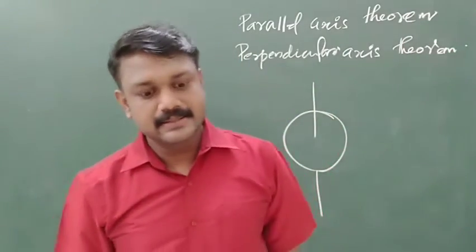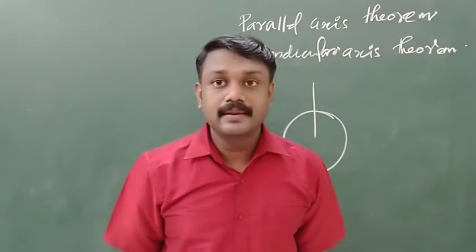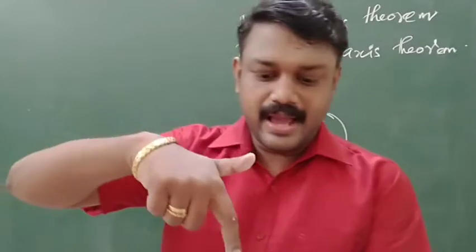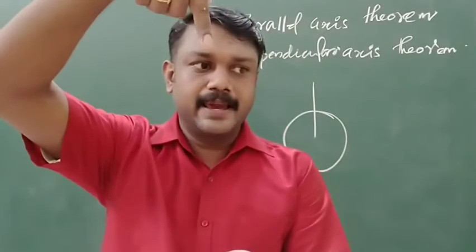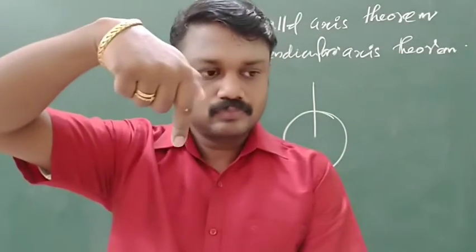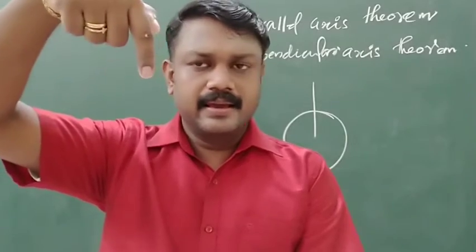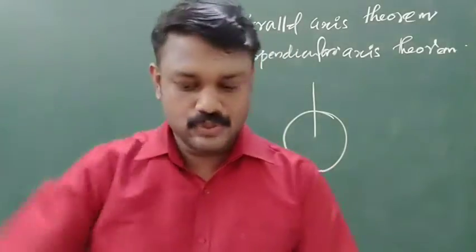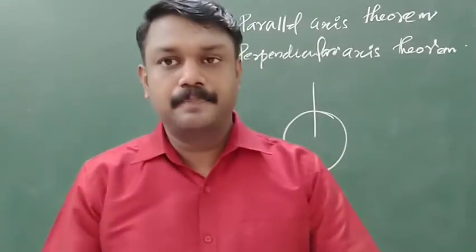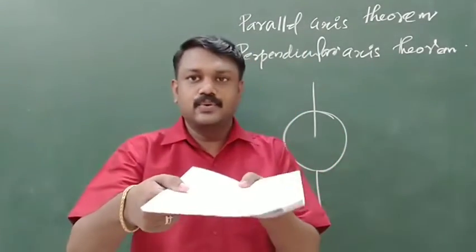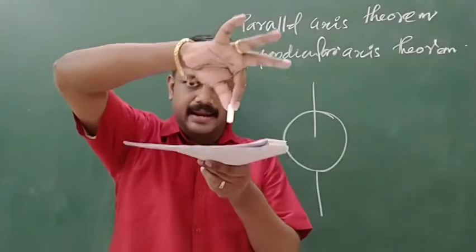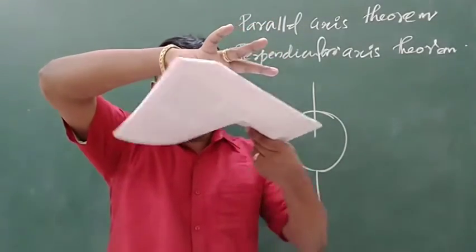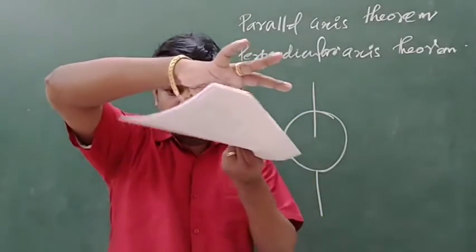Can you imagine that? Have you seen a puppet? So you take a puppet and you are piercing a needle through its surface. So suppose this is that puppet surface and you are keeping a needle perpendicular to its plane and it is capable of rotating about that needle.